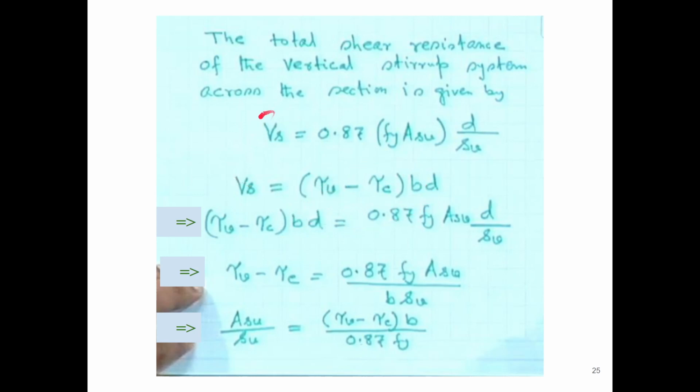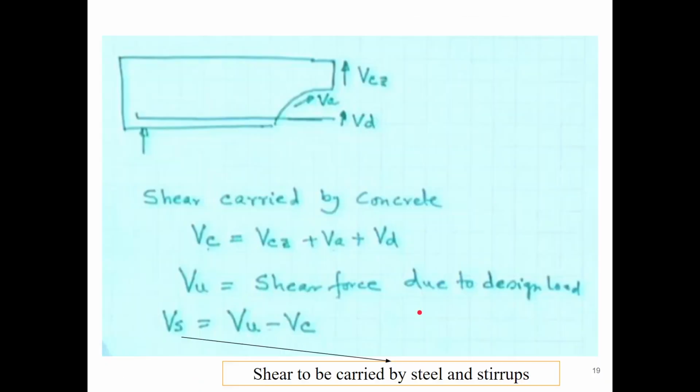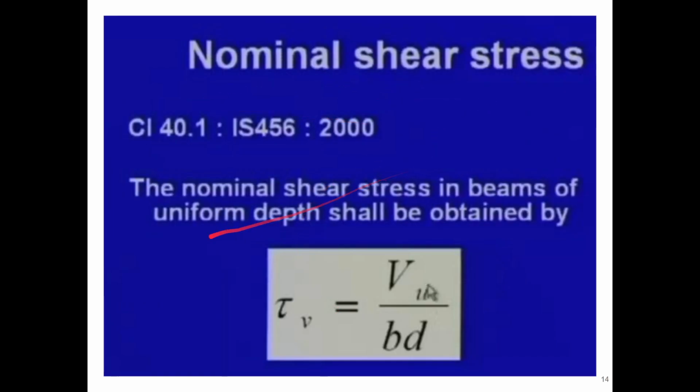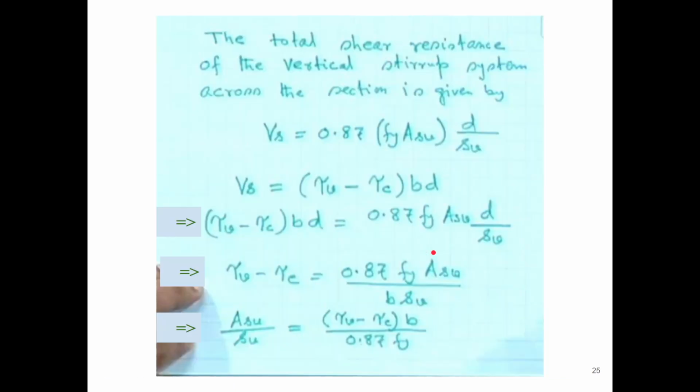In that case Vs is not required, but we still need to provide the nominal shear reinforcement, which we discussed a few slides ago. Even if the tau v value is less than the tau c value, although we don't need to design in this way, we still have to give the minimum nominal shear design.